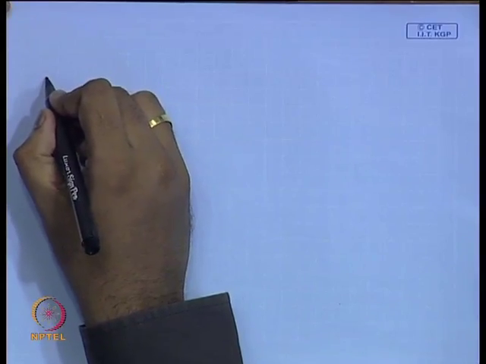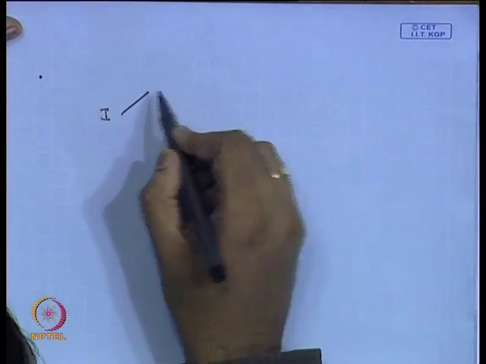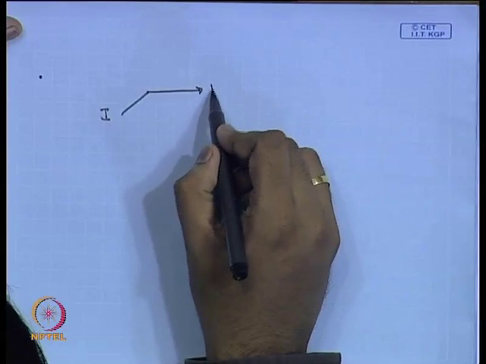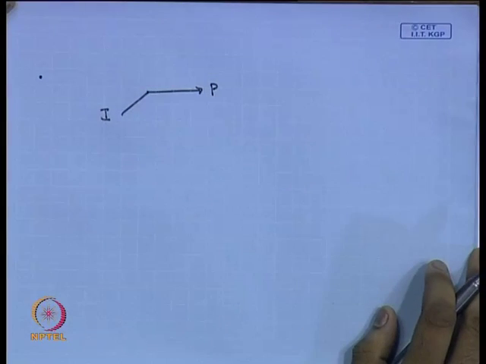The second point you have to remember when you talk about I to P is that this is what most of the time happens in photochemistry: it is not necessarily that I has to give only one P, that is one product.